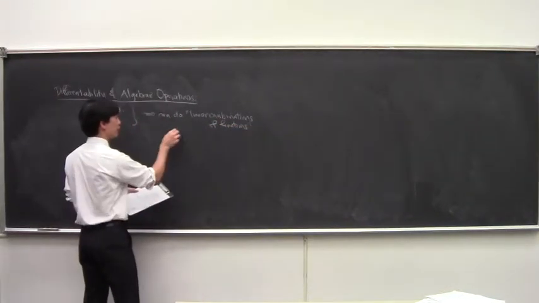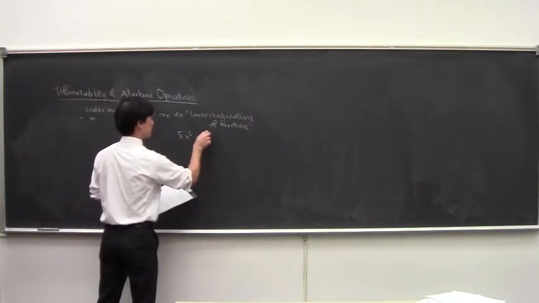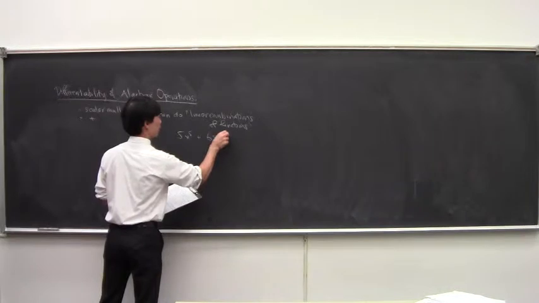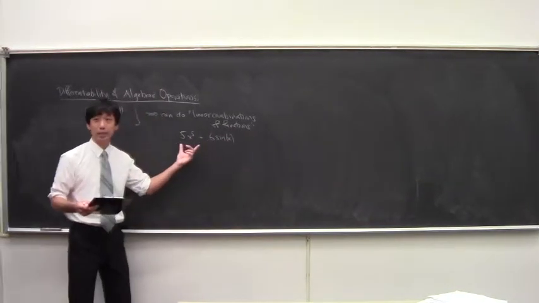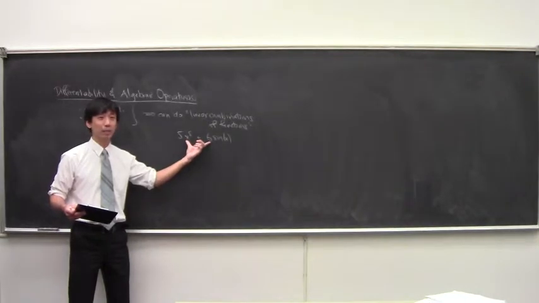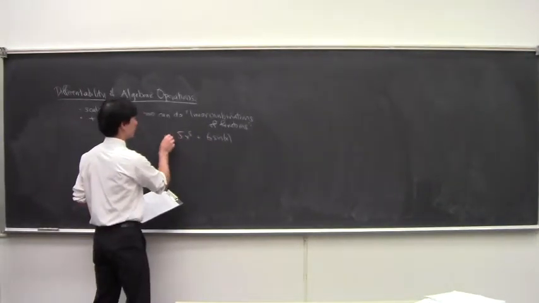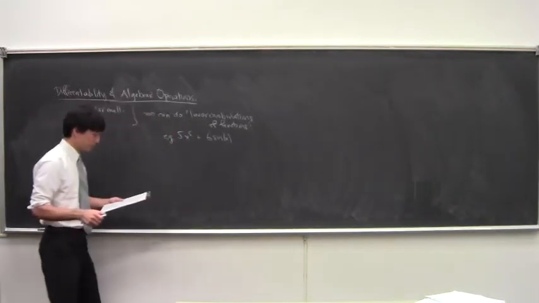Like you can do 5x to the 5th plus 6 times sine x, some sort of combination that uses only sums and multiplying by numbers. These things are called linear combinations.